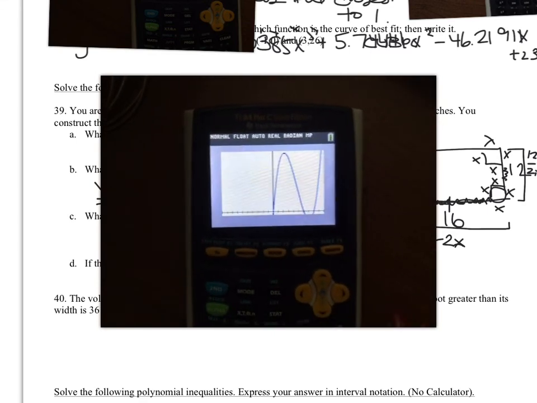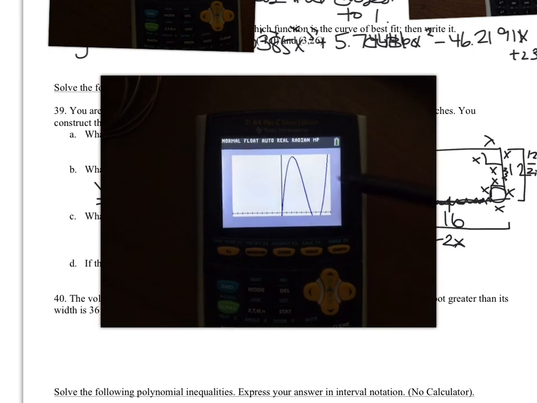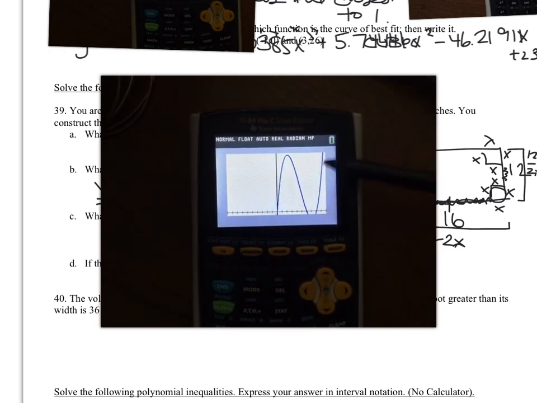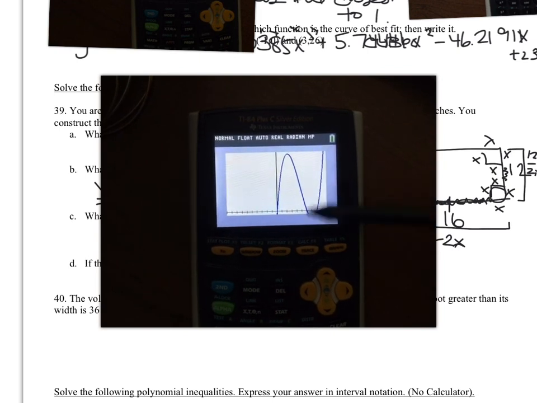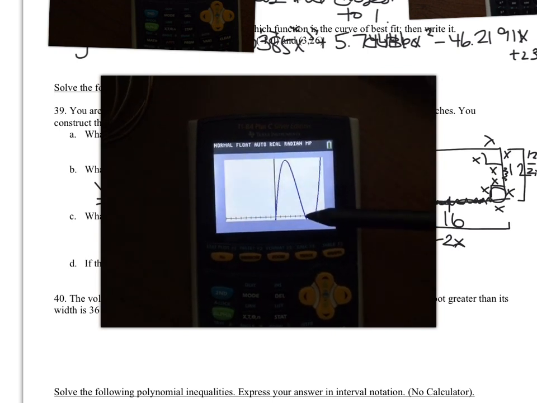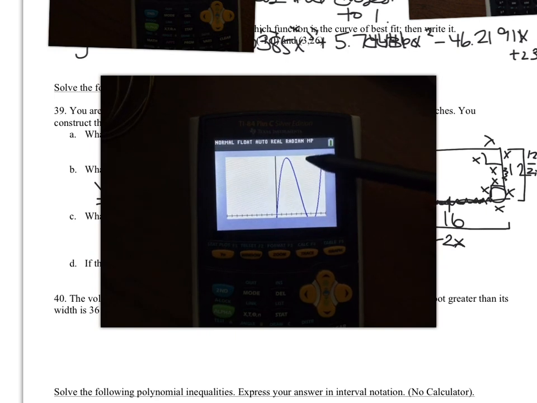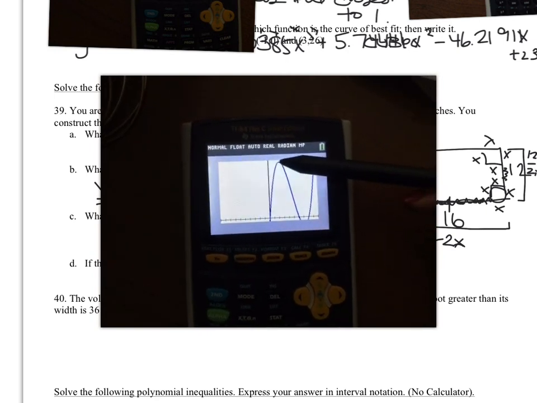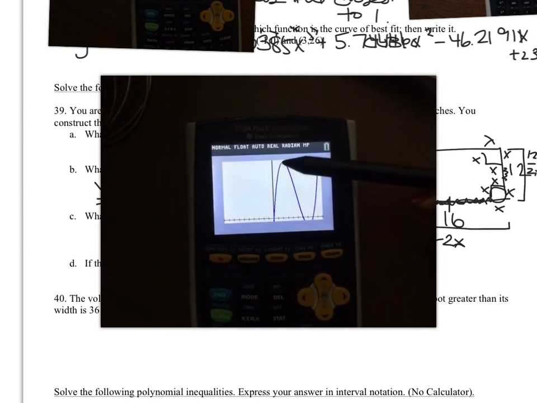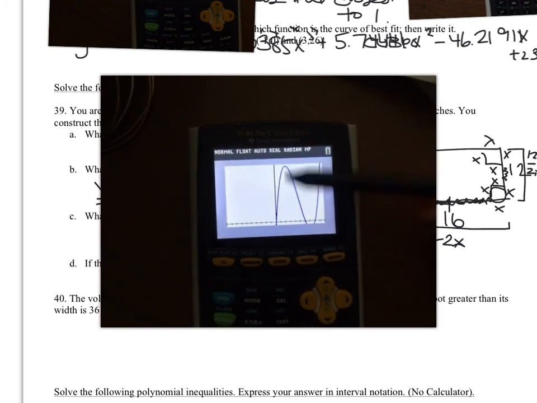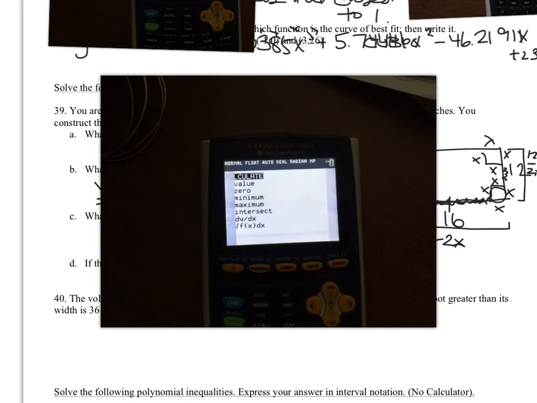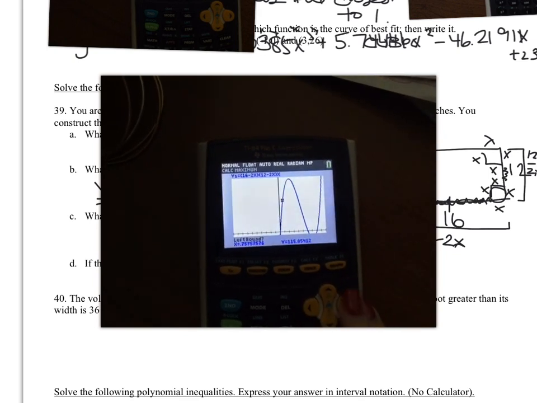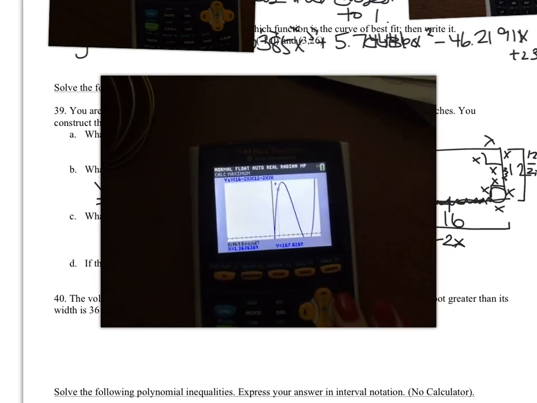So here's the maximum, and notice it looks like over here I'm going to have another maximum, but my range is only between 0 and 6. Otherwise it's going to be cut in half, which means it's not going to work. So this is my maximum right there. I want to find the y value of this spot here. So I would just do second trace maximum, go to the left, go to the right.